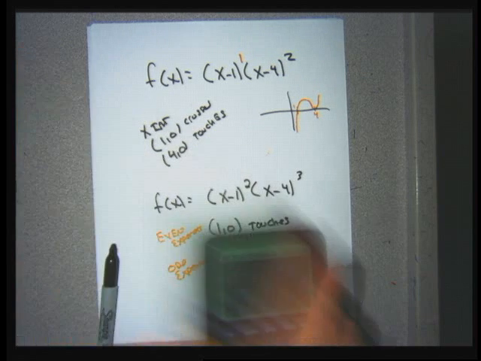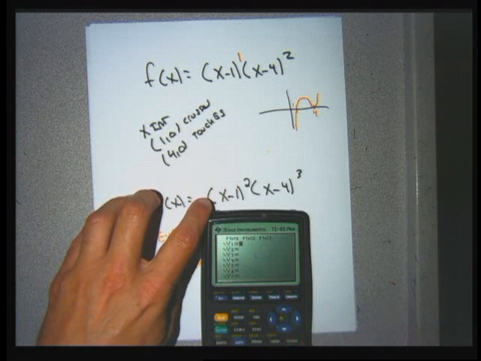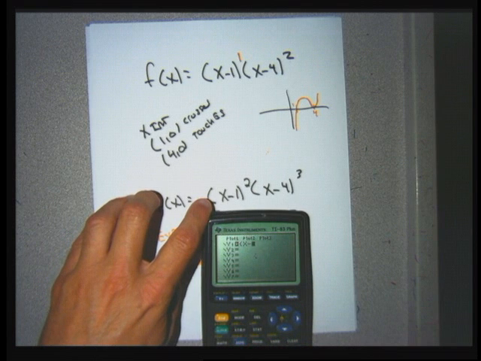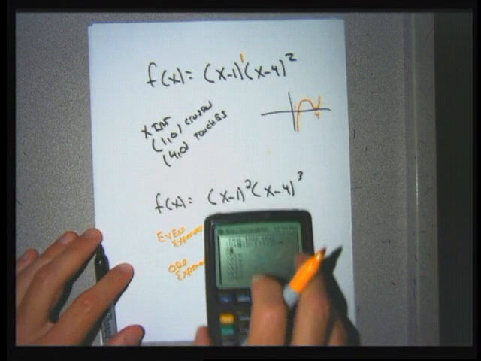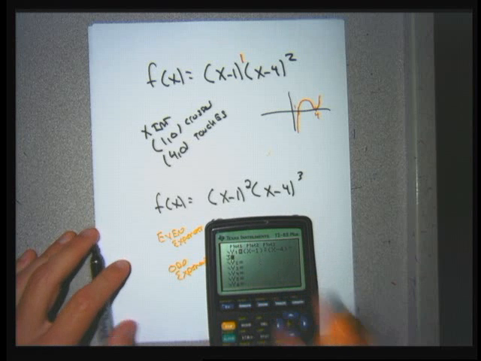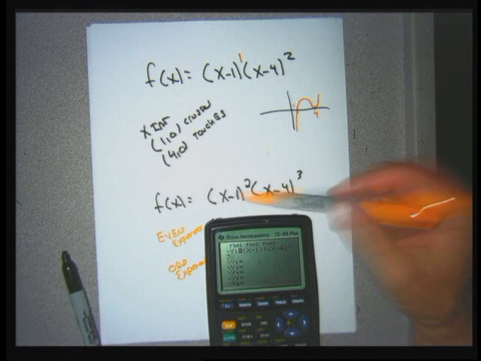So if I graphed this function, x minus 1 quantity squared times x minus 4 quantity cubed, I know that when I do the graph, the graph is going to touch at 1 and cross at 4.